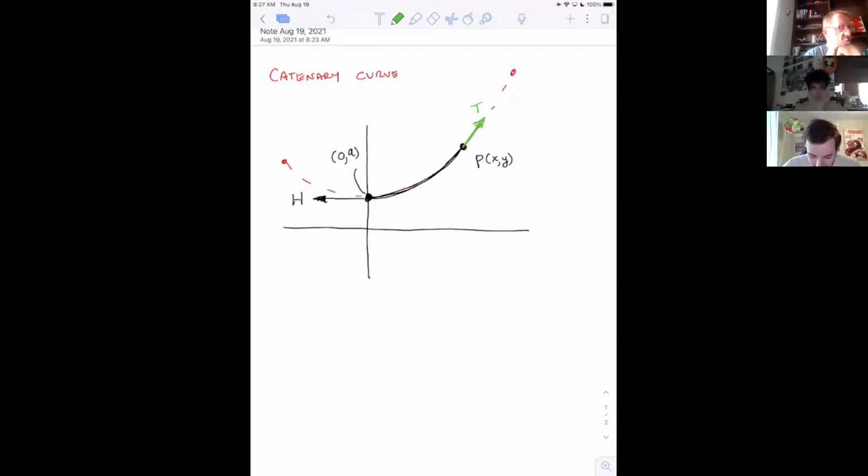Here's where it gets kind of interesting. Depending on where you made that point and what your chain was made out of, does it make sense your little chunk would have some weight?